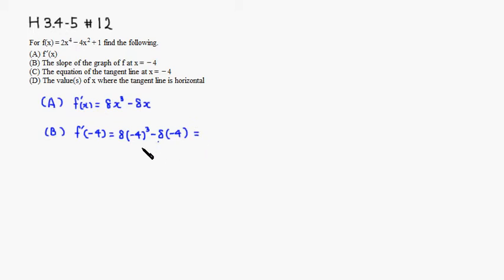So negative 4 cubed is negative 64. Negative 64 times 8: 4 times 8 is 32, and 6 times 8 is 48, so 512 with a negative sign. So it's negative 512, right?